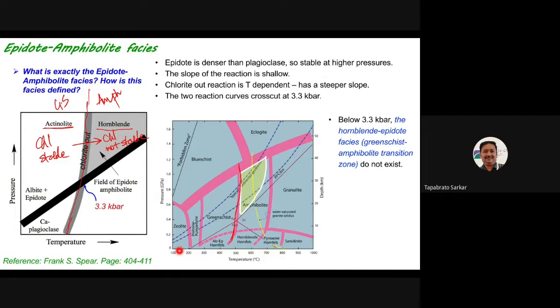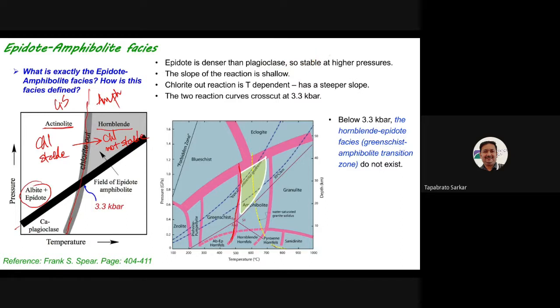On the other hand, you see another reaction line, this black one, which is about the epidote. Epidote is a denser mineral than plagioclase, so it is stable at relatively higher pressure.